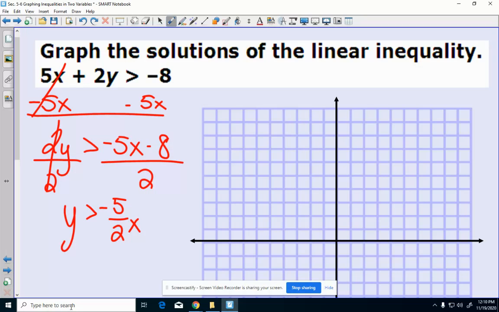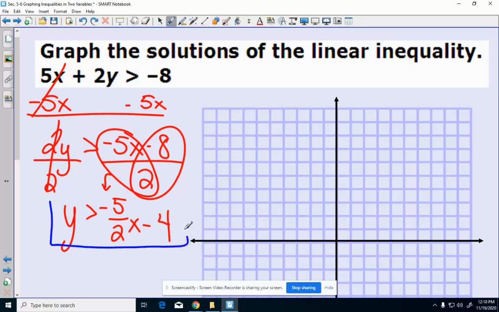I'm about to do that right now. I just did this one. That's that response. Now I have to do the 2 and the negative 8, and that gives me an answer of negative 4. So my goal at this point is to graph this.